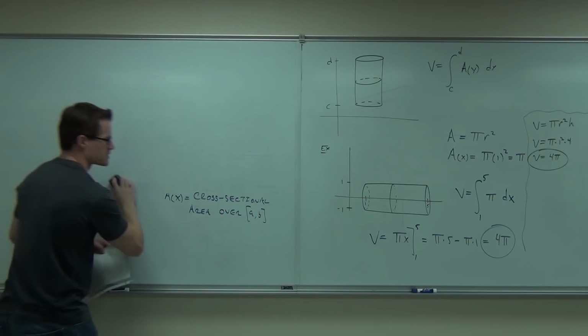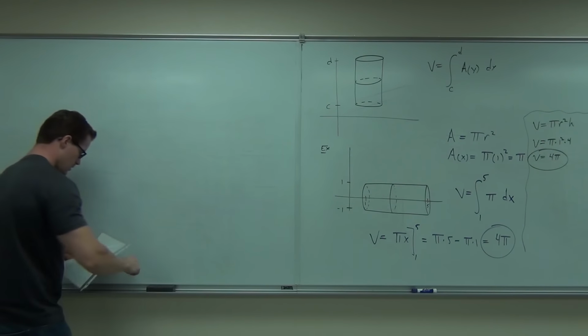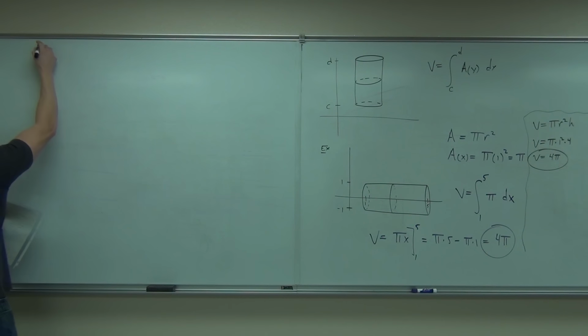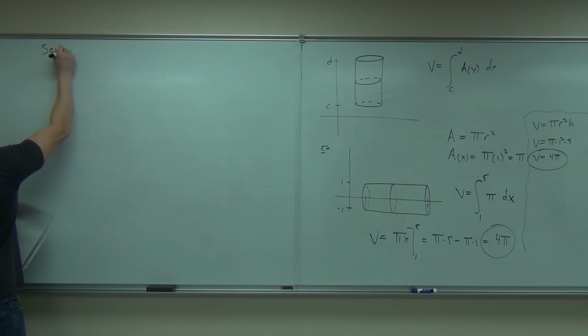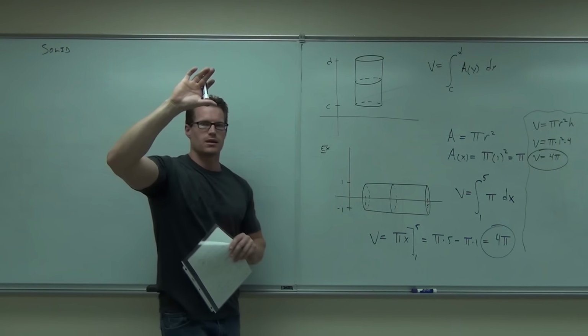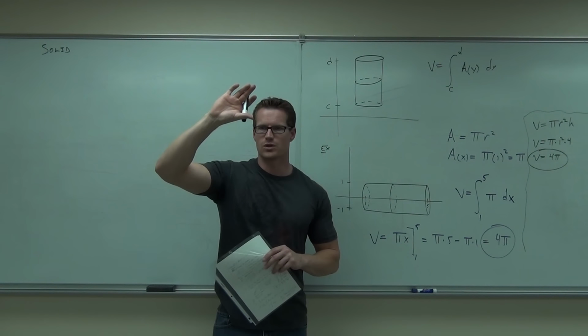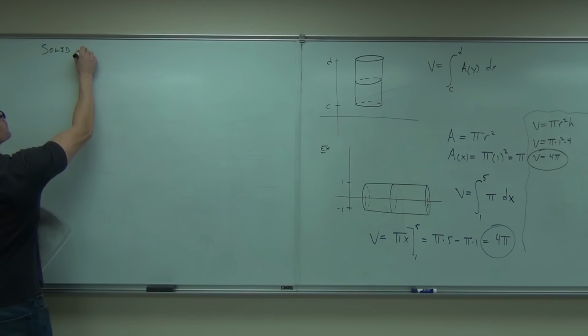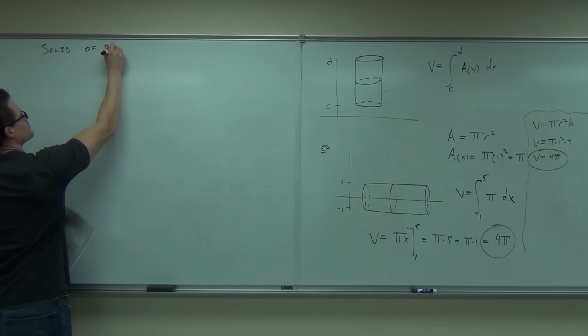And what we're going to call this subsection is a solid of revolution. A solid of revolution means the solid you get if you take some piece of paper or solid shape and revolve it around an axis. You're going to get a solid of revolution.